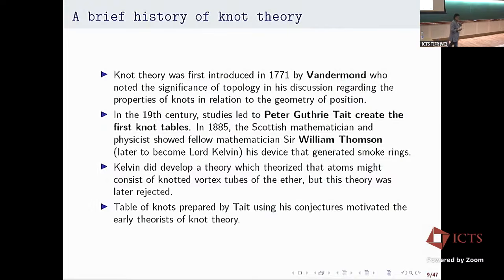He prepared certain rules and followed them, and many of the conjectures he formulated he couldn't prove, but he believed them and made the table. And those conjectures got proved very recently, when knot theory research made more progress.